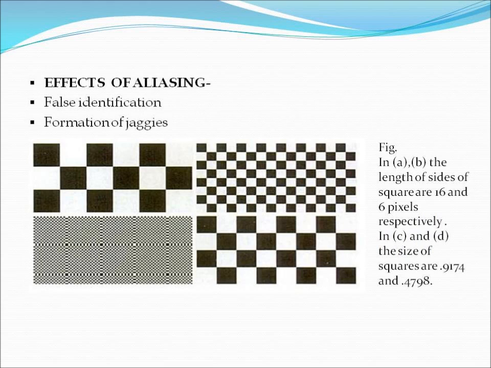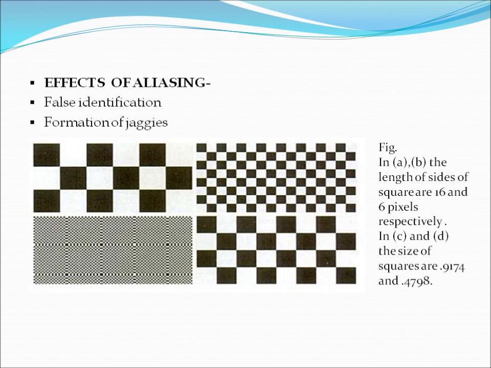The effects of aliasing are false identification and the formation of jaggies. In figures A and B, the lengths of the sides of the square are 16 and 6 pixels respectively. Here, no effect of false identification, or aliasing, can be seen. But if we turn our attention to figures C and D, we see that the sizes of the square are 0.9174 and 0.4798 respectively.